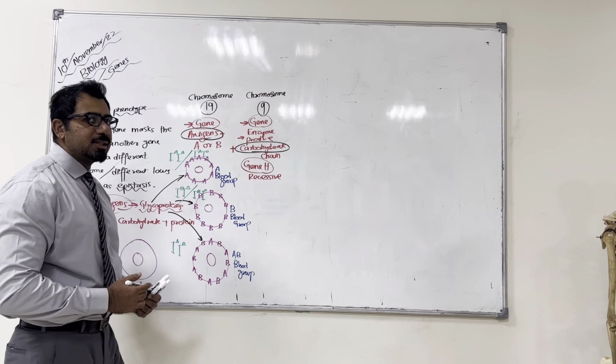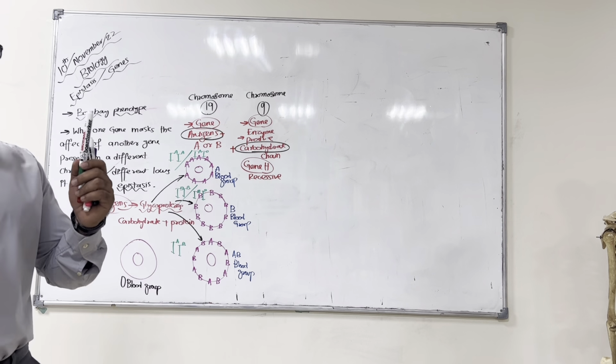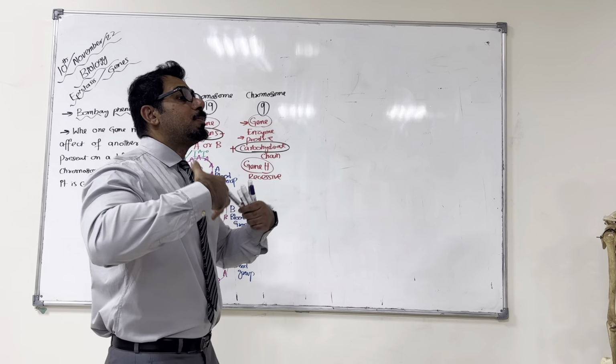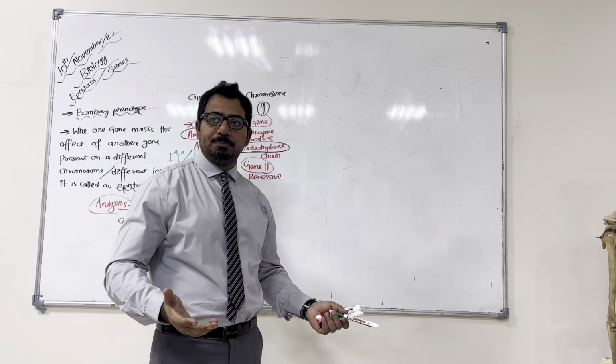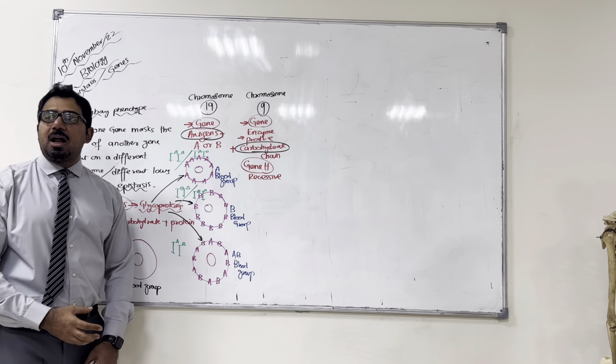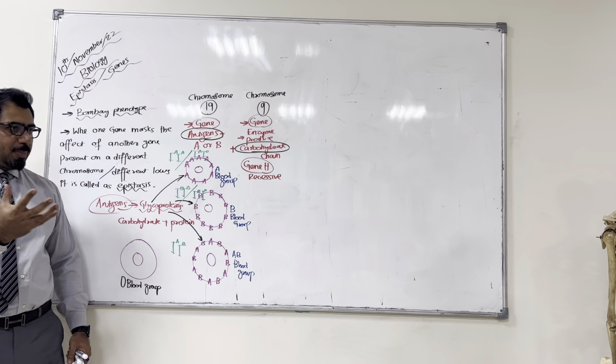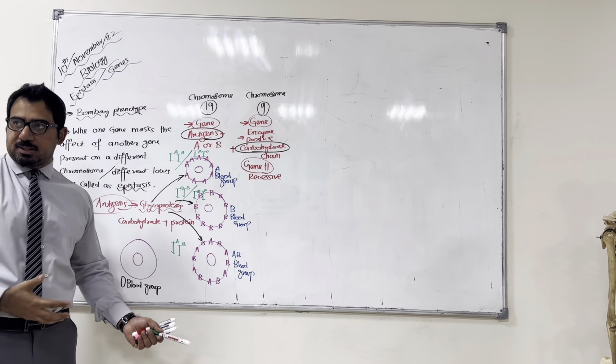And if you guys remember, this is the example of codominance. What is codominance? That both alleles are expressing themselves equally. Half of the antigens are A type and half of the antigens are B type. Both antigens are present at the same time in one person.